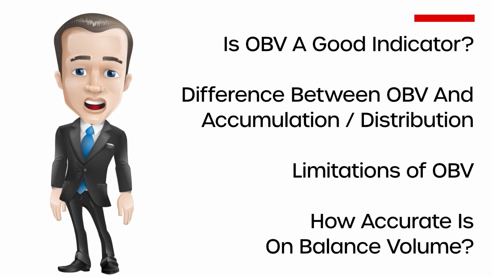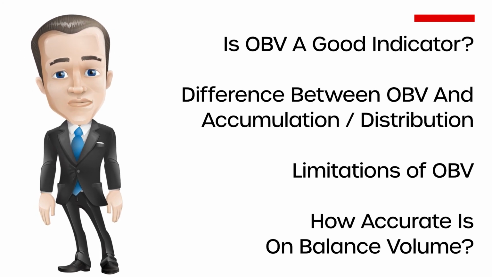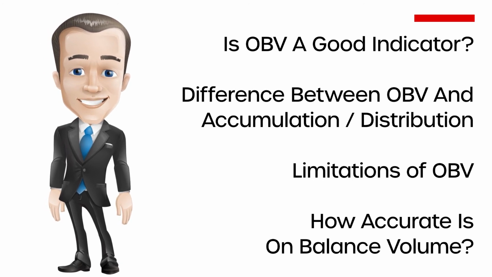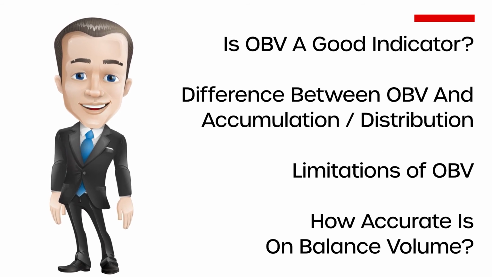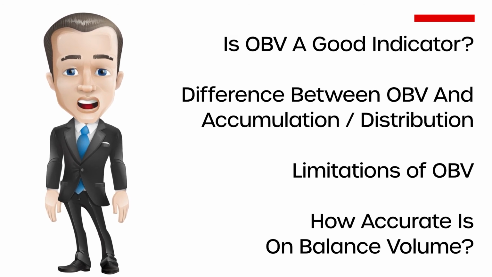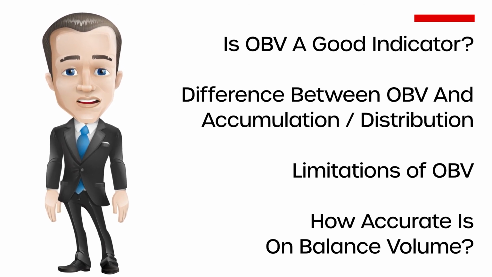The difference between OBV and the accumulation distribution. On-balance volume and the accumulation distribution line are similar in that they are both momentum indicators that use volume to predict movement of smart money. However, this is where the similarities end. On-balance volume is calculated by summing the volume on an up day and subtracting the volume on a down day.